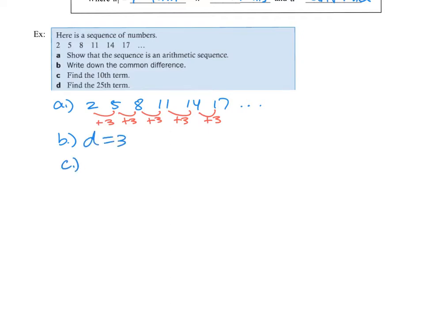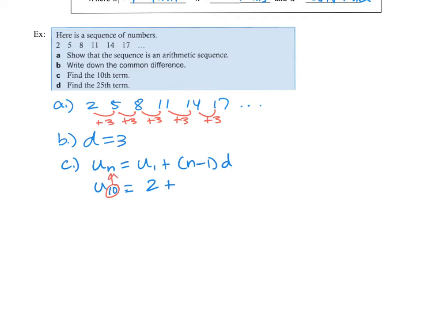And then letter C says find the 10th term. So here's how we're going to use that formula. So let's start by writing the formula down. u sub n, which is the nth term, is equal to the first term, u sub 1, plus the number of terms minus 1 times d, which is the common difference. So to find that 10th term, u sub 10, we're just going to take the first term, which is 2, plus, remember, this is n.